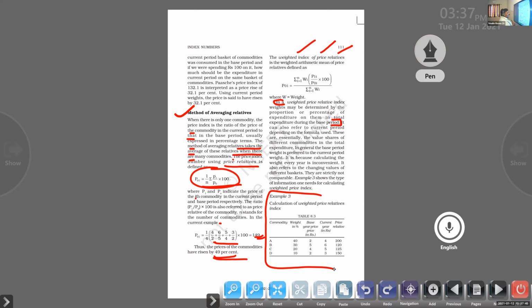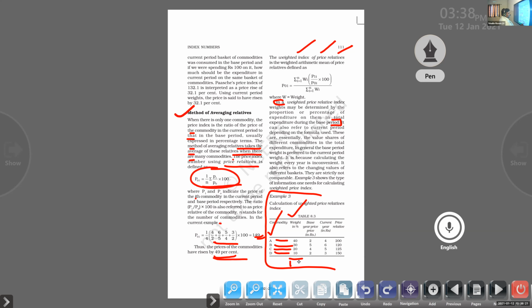First of all, you want to know the names of the commodities and the weight in percentage, that is, the percentage of expenditure on them. 40% is spent to purchase commodity A, 30% on commodity B, 20% on commodity C, and 10% on commodity D. So 40 plus 30 plus 20 plus 10 is 100%.